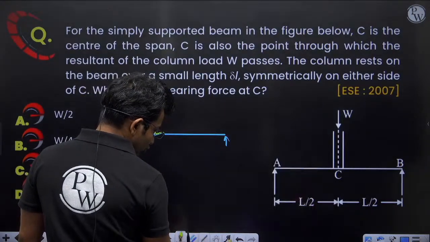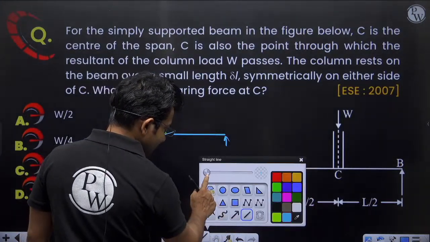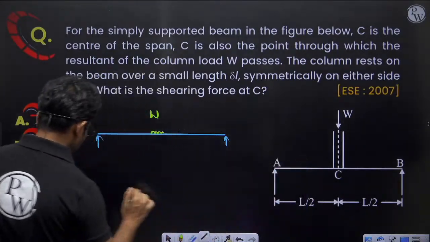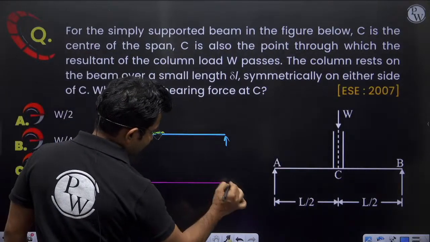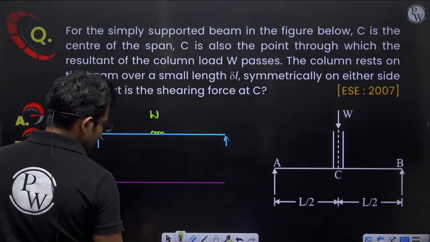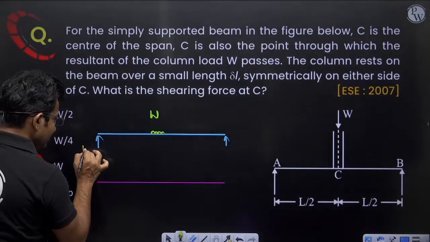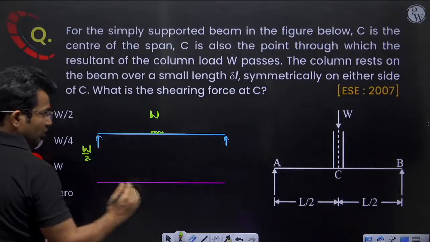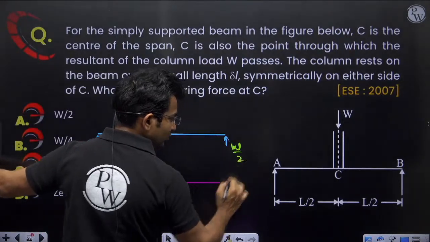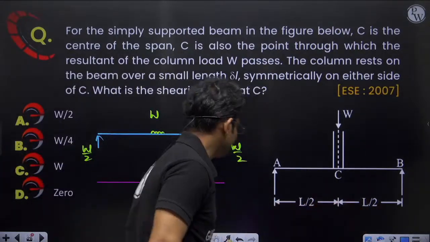If I want to draw the shear force diagram at C, my shear force diagram will be like this. This will be W by 2 here. Because it is symmetrical, L by 2, L by 2.